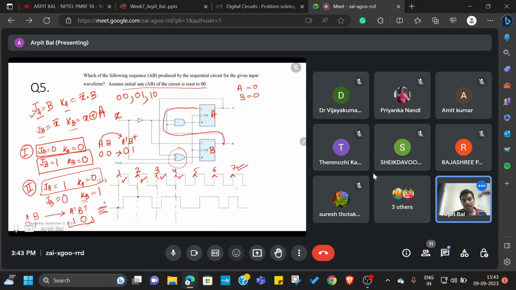You may observe a pattern that these things are repeating and it will be the same again after some time, but if you solve for all 7 clock pulses, it will give you practice in how you should be solving, and usually with practice you will be better at solving these circuits. Okay, if there is no doubt in this question, then we can move to the next question, question number 6.